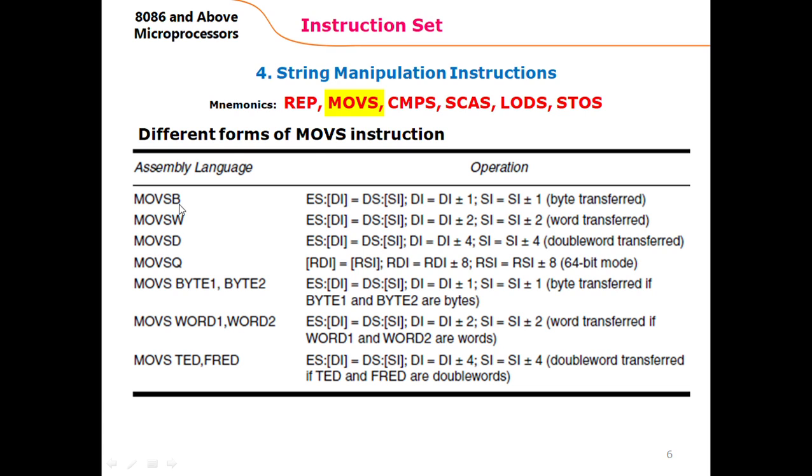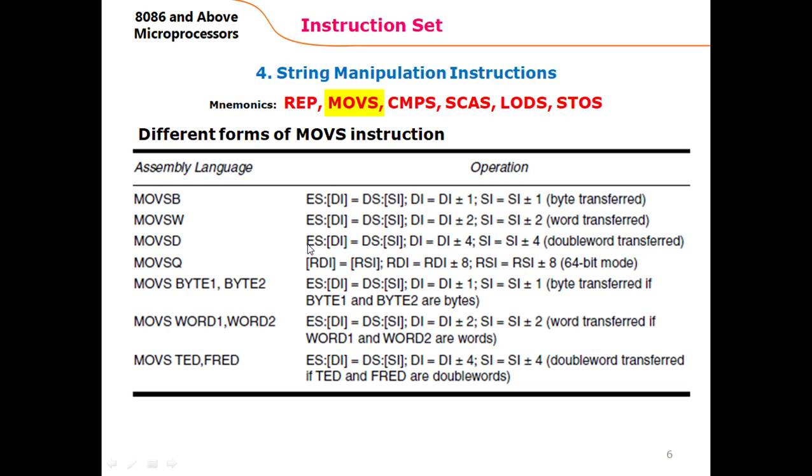And these two instructions are available in the 8086 microprocessor, but in 80386 and above, they can transfer multiple bytes, even more than a word at a time. So MOVSD means a double word is transferred, and MOVSQ would mean a quad word is transferred.